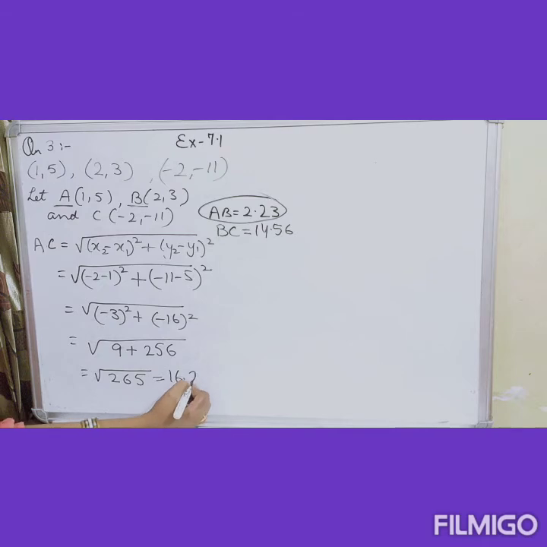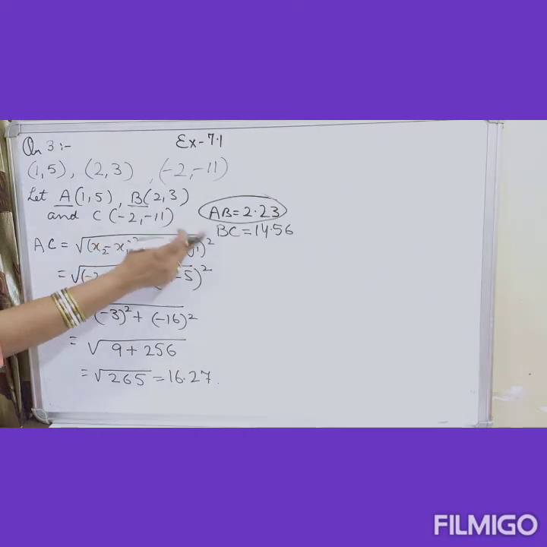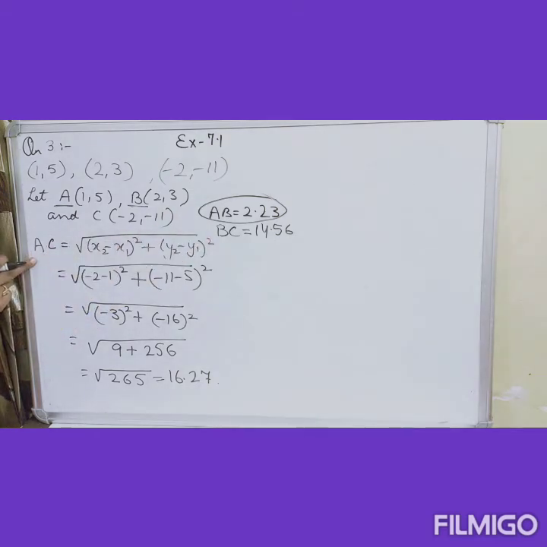Wow, very good. 16.27, right? So we already have AB and BC, and now we have found AC also, that is 16.27.